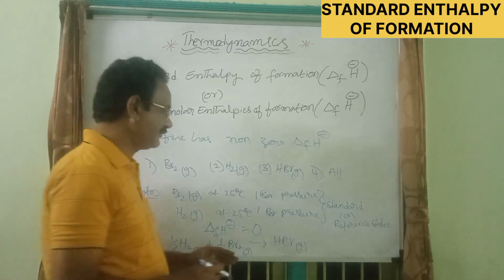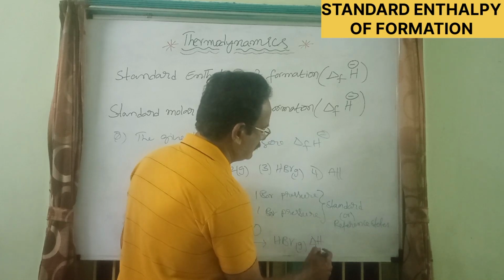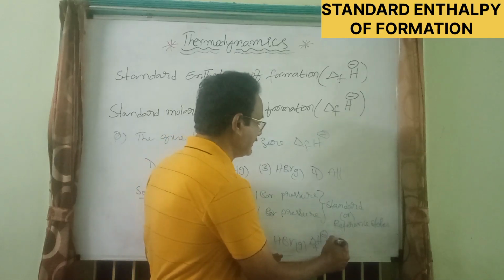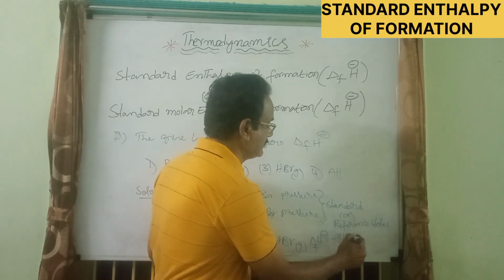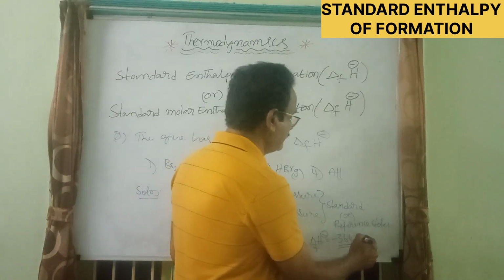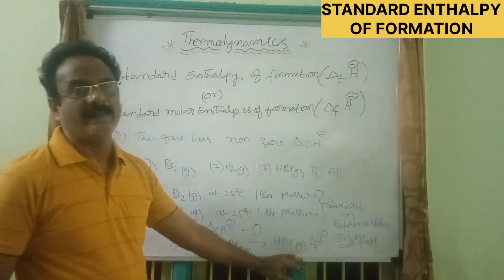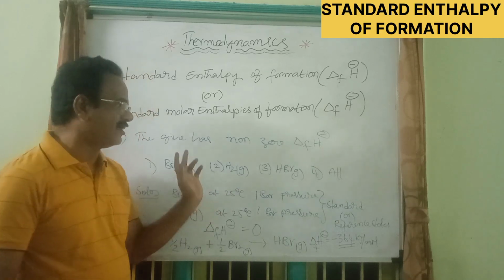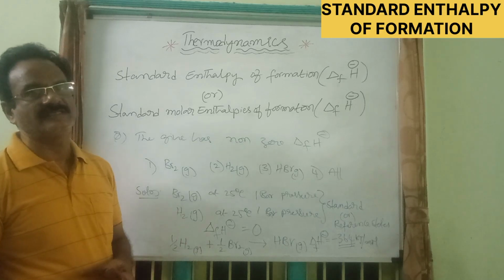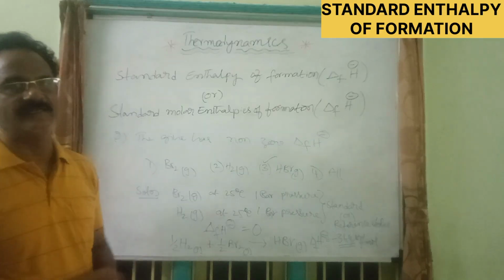So now let us see, here HBr will have a standard enthalpy of formation of minus 36.4 kilojoules per mole. Okay. So here among the given options, which has non-zero standard enthalpy of formation? HBr has non-zero standard enthalpy of formation. Is it clear?